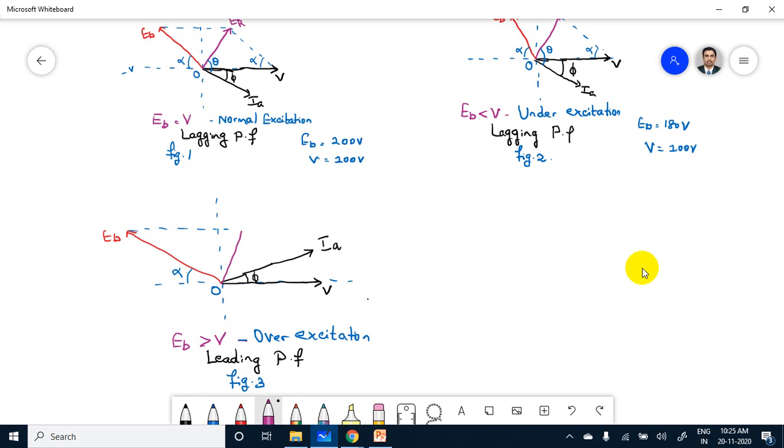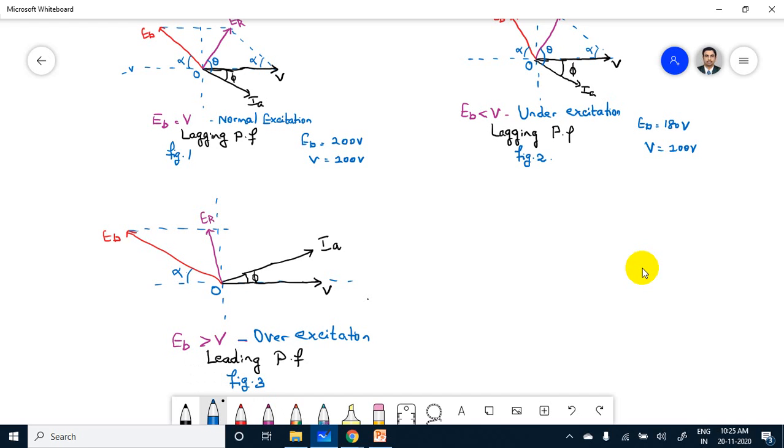So here there is no disturbance in ER. The ER will be leading, it is leading this way.